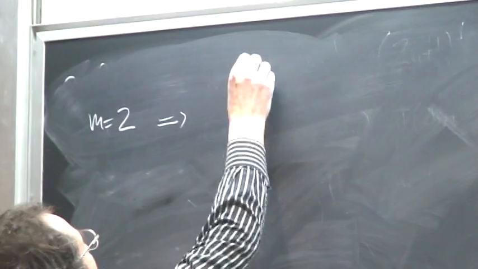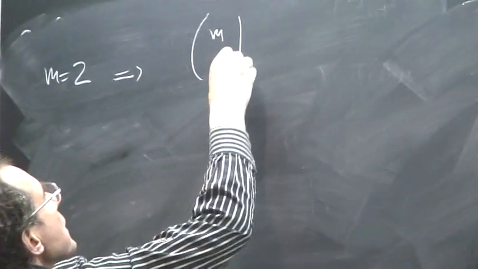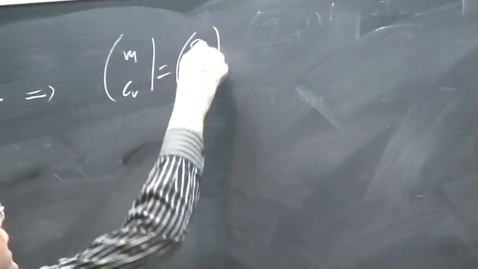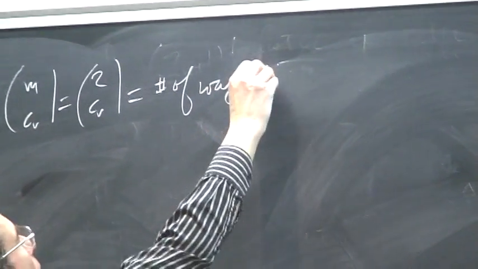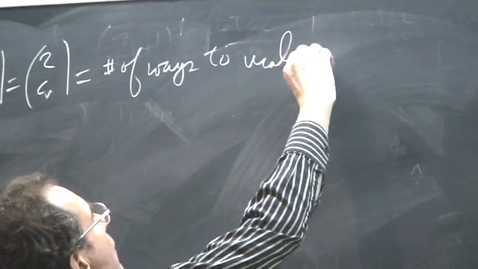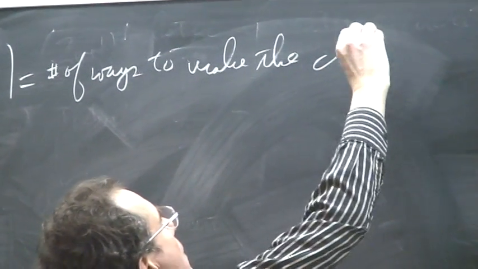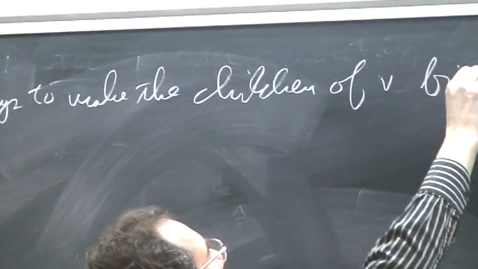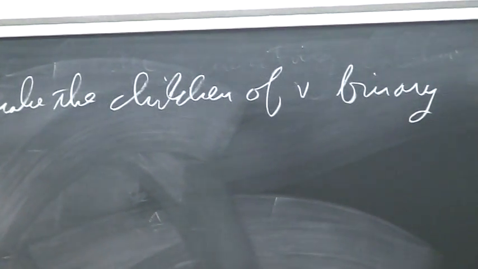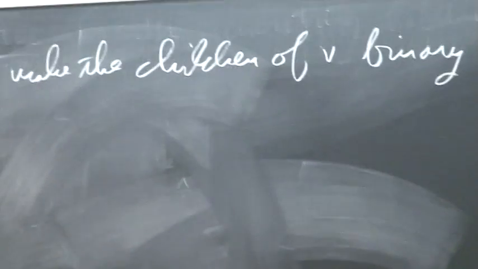Well, then what is this strange m choose CV? Well, m choose CV is equal to 2 choose CV, and I claim that's just the number of ways to make the children of V binary. What do I mean by that? Well, I'll do it by example.